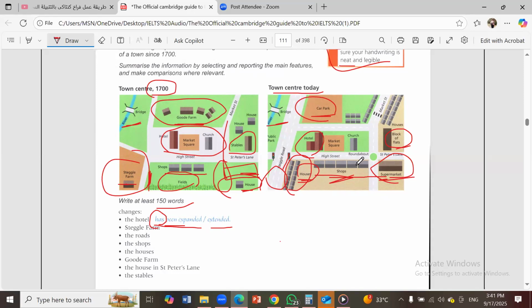A car park. Yes, the car park. You mentioned everything and its location. The car park in the middle of the second map that replaced the good farm. Complete sentence. Okay, he is now helping me.